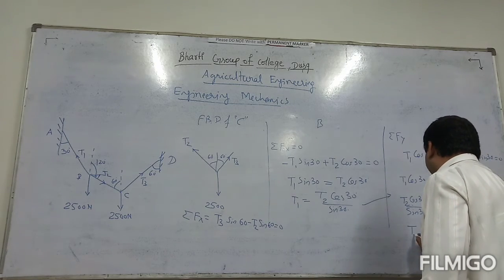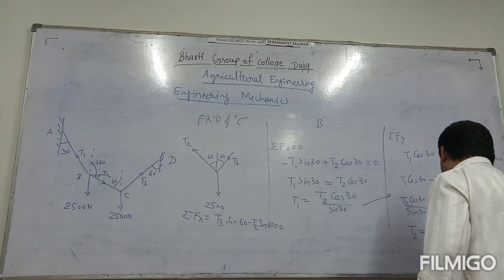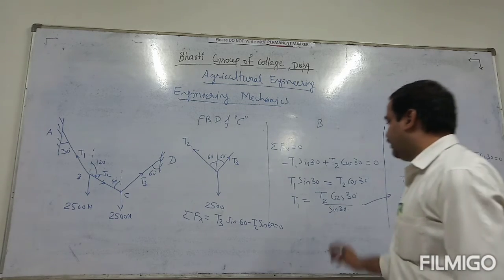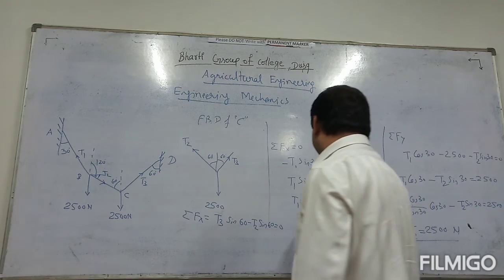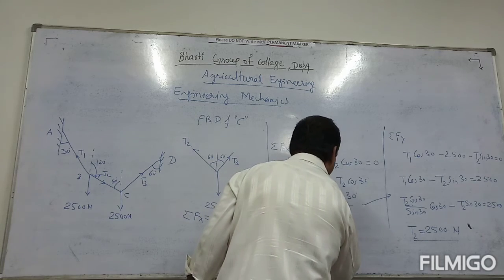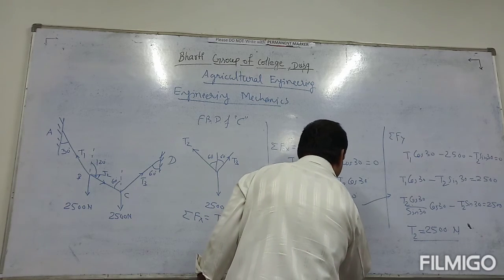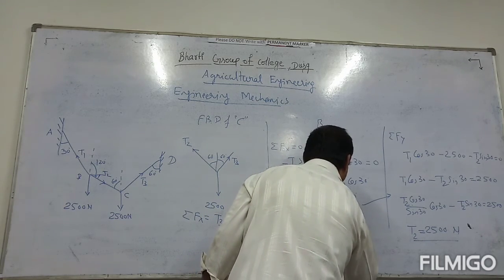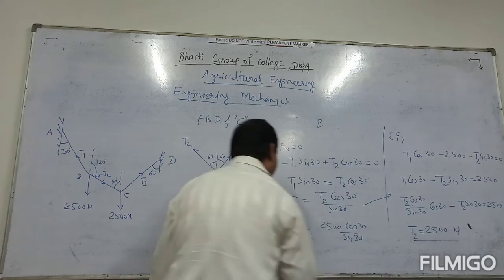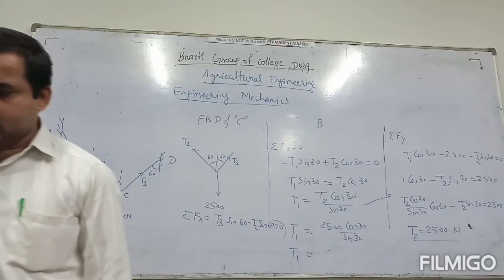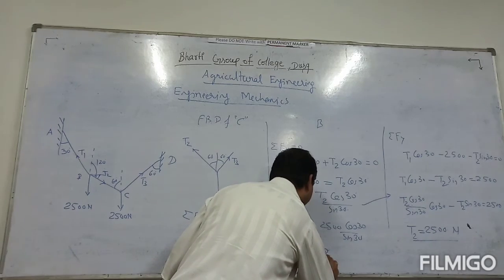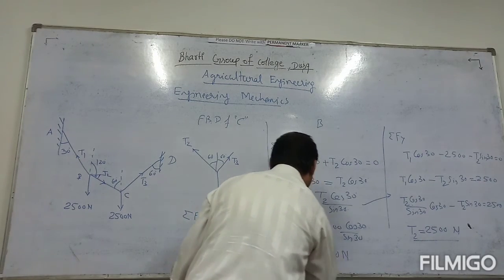So the value of T2 comes 2500 Newton, and putting the value of T2 in this equation, this T1 comes 2500 cos 30 by sin 30. So this value of T1 comes 4330 newtons.